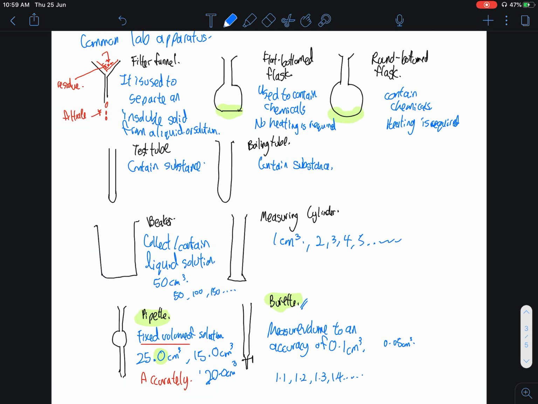If I want to measure 97 cm cube of water, I'll use a measuring cylinder. If I want to measure 10.3 cm cube, I'll use the pipette. So you must be able to name these instruments as well and identify them. This is a common kind of question if you are doing the normal academic syllabus.